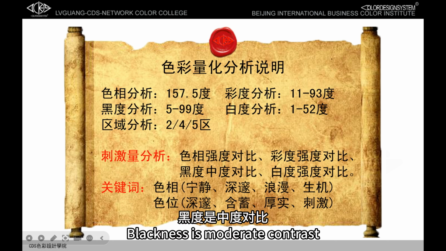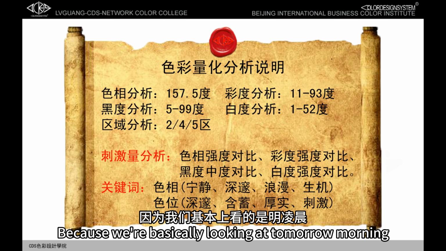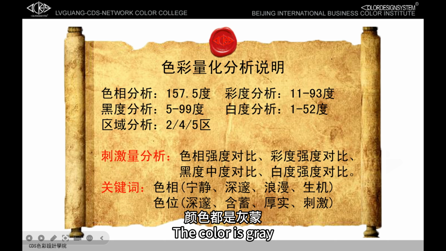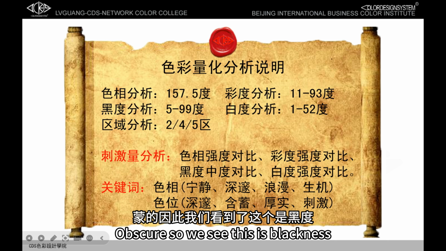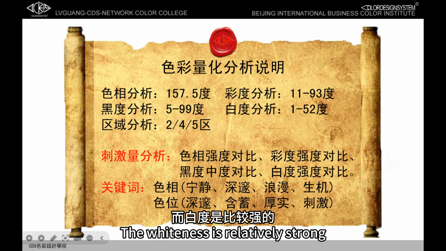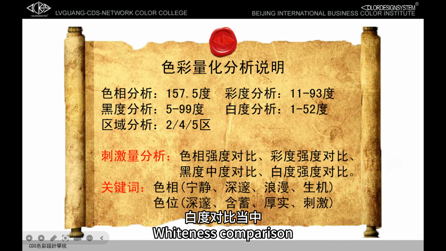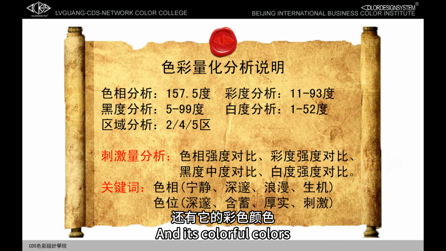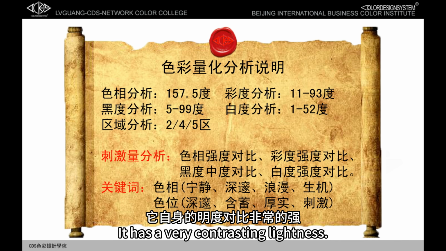Blackness is moderate contrast, because we're basically looking at early morning. In the sunrise impression in the early morning, the color is gray, obscure, so we see this is blackness. It's a contrast of medium to medium. The whiteness is relatively strong, because of its background color and black color, and its colorful colors. It has a very contrasting lightness.